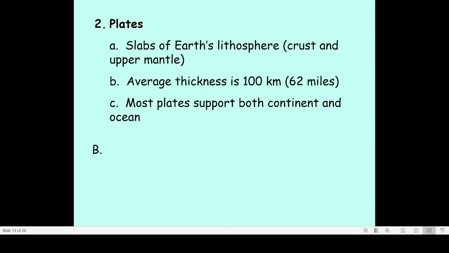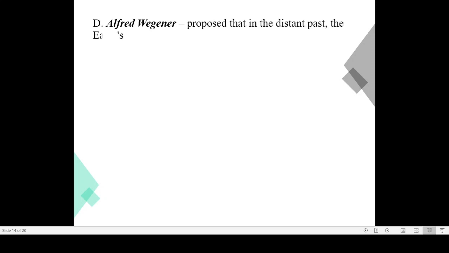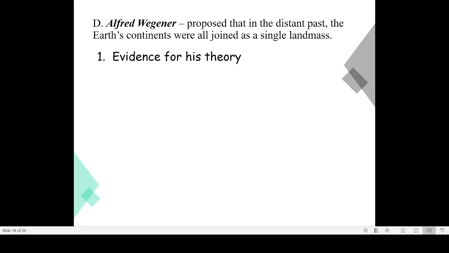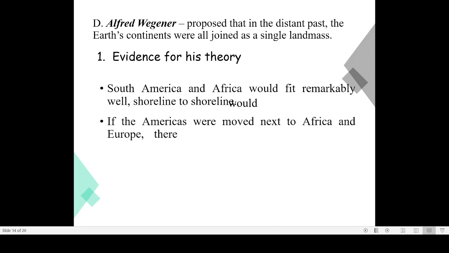Now we have to see some evidences. Some of the evidences I have already discussed with you, and a few more I will tell you. One evidence for this theory is that South America and Africa fit remarkably well, shoreline to shoreline.